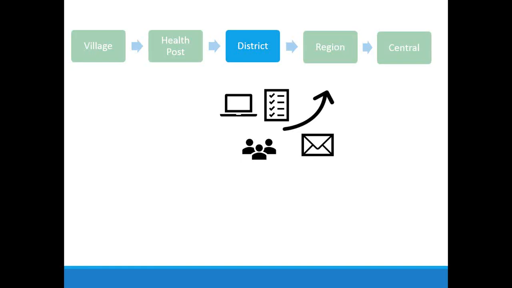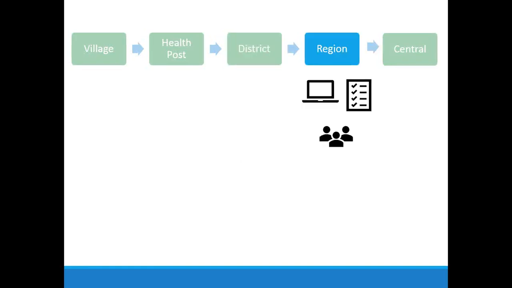At the region level it is the same mechanism. The team compiles all the data provided by the districts, they do an analysis, and then they send it to the central level.